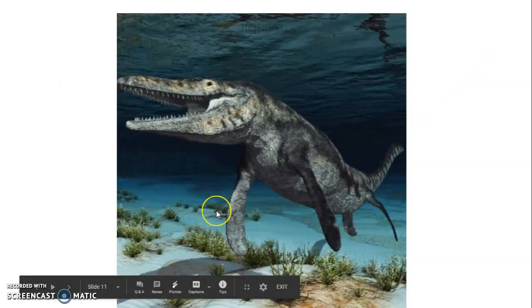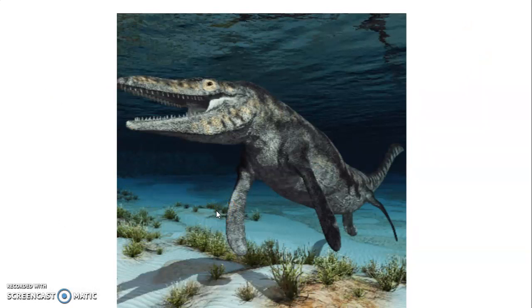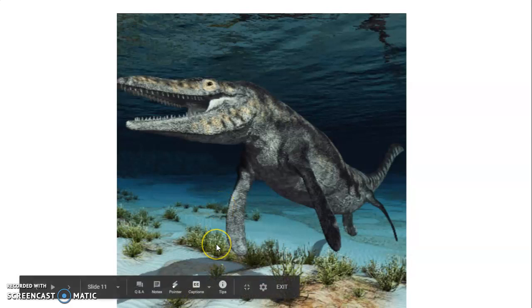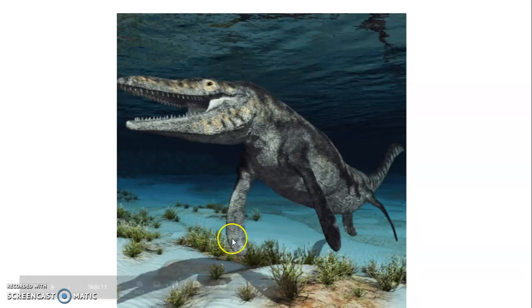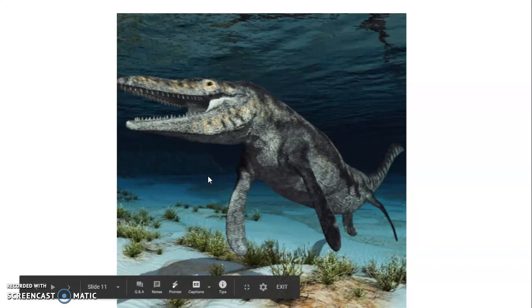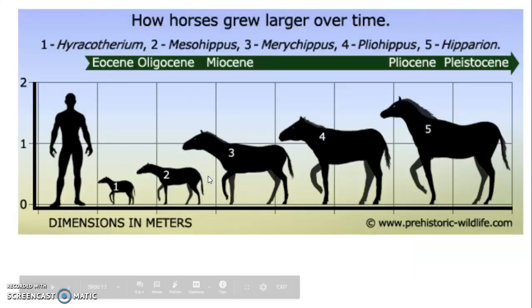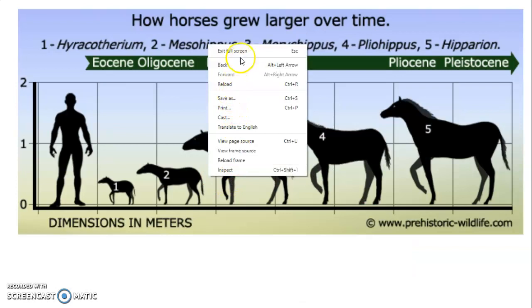Here's a different creature. A lot of people would think that this is an aquatic dinosaur, but this is actually a drawing of a mosasaur, which was a reptile and not a dinosaur at all, but an extinct species of aquatic reptile.